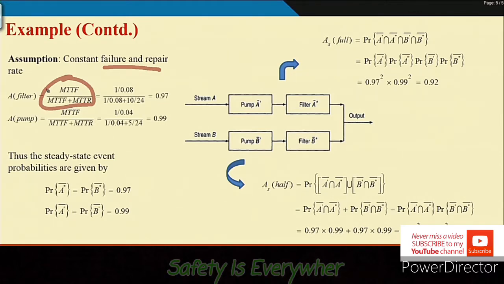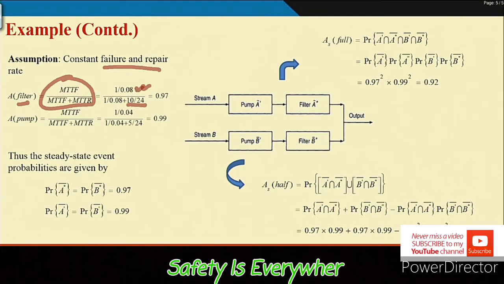Now, what is the mean time to failure for filter? The filter failure rate per day is 0.08. Then 1 by that rate will give you the mean time to failure, and the mean time to repair is 10 hours, with 24 hours a day, so that is 10 by 24.